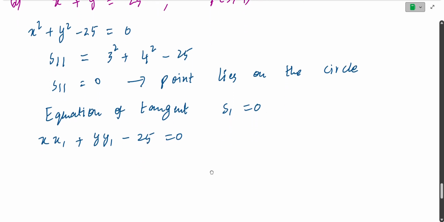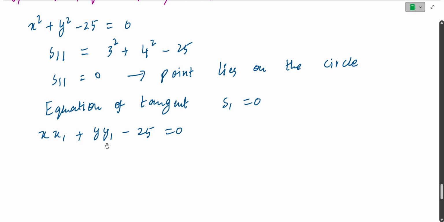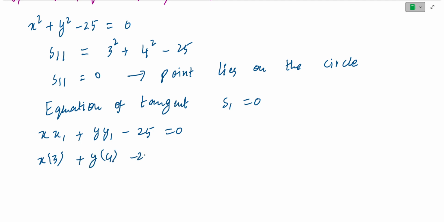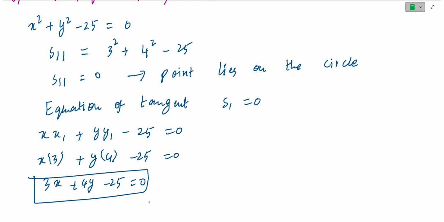Now in the place of x1 and y1, I'm going to substitute 3 comma 4. So x times 3 plus y times 4 minus 25 is equal to 0. So this will be 3x plus 4y minus 25 is equal to 0. This is the equation of that tangent. Only one tangent is possible whenever the point lies on the circle.